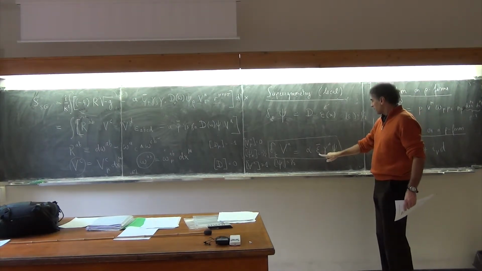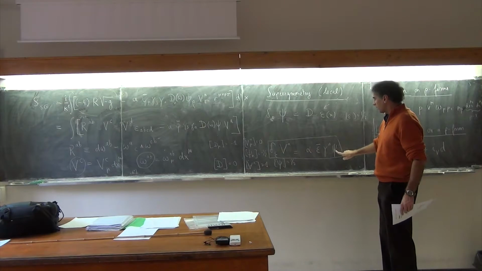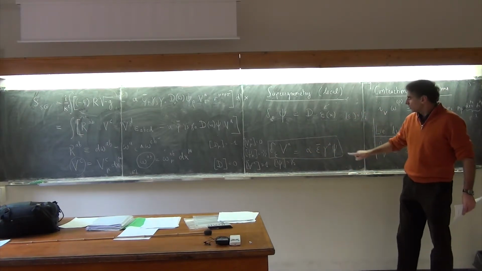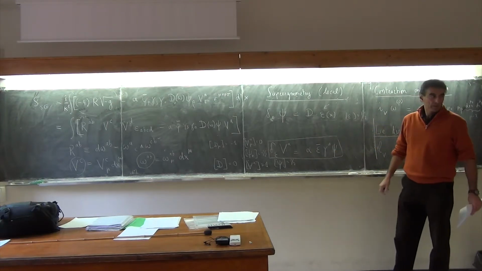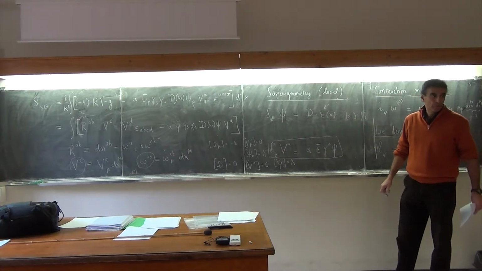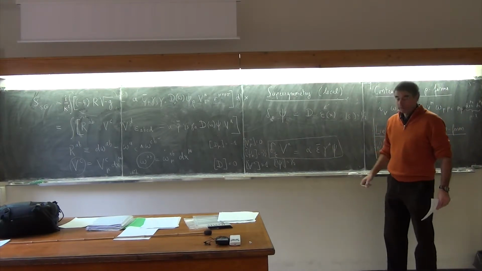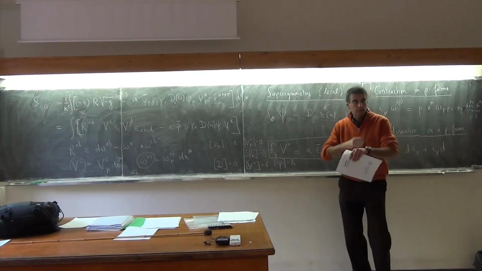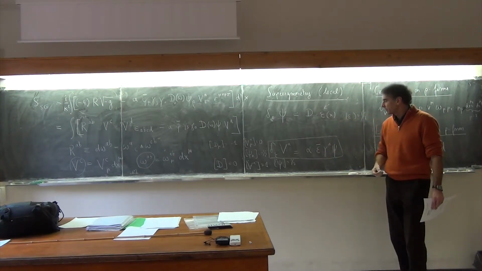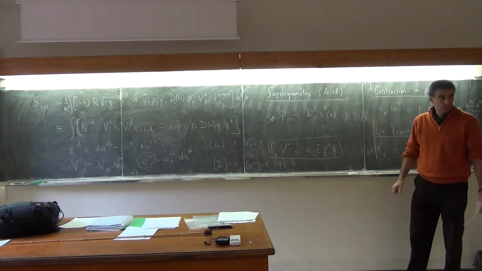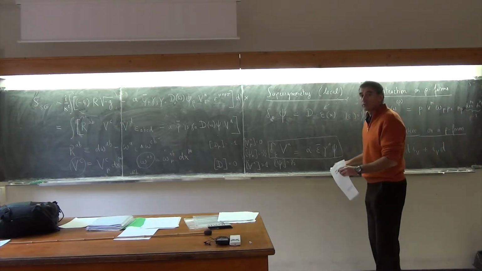So here you have 1/2, here you have 1/2, and here you have 1. So this is the rule where the length dimensions are balanced, and it is in fact the simplest rule you can find. It has to contain epsilon, it has to contain psi because supersymmetry rotates bosonic fields into Fermi fields. It has to have a Lorentz index. This is the only way you can combine it. At least it is the simplest way.